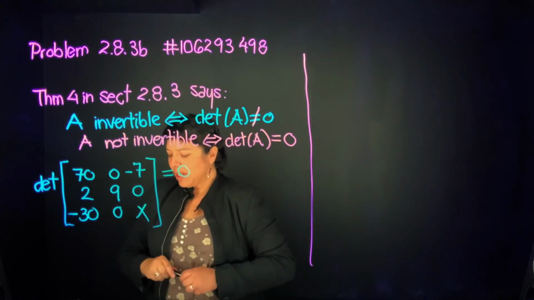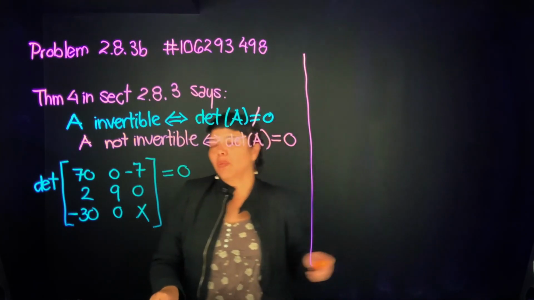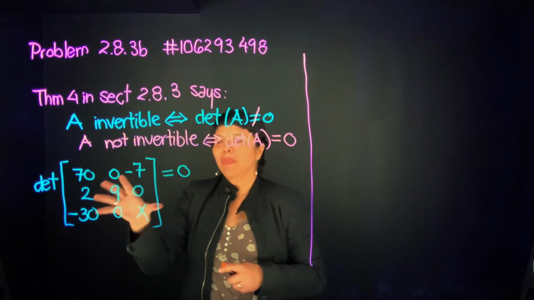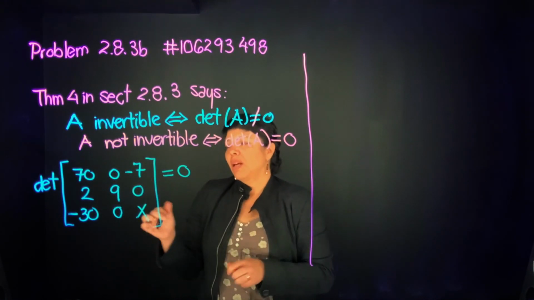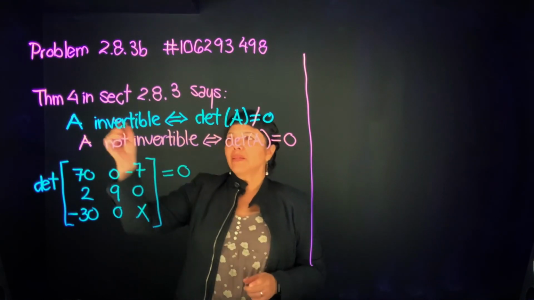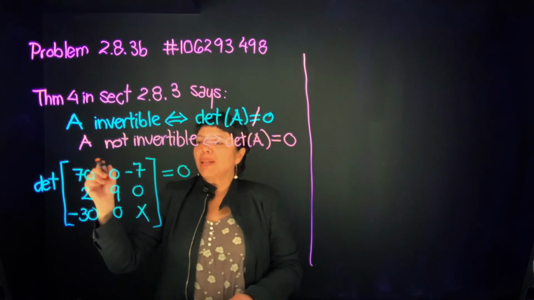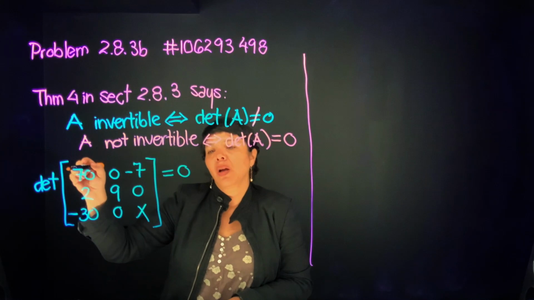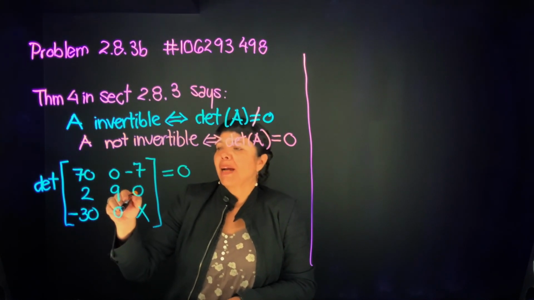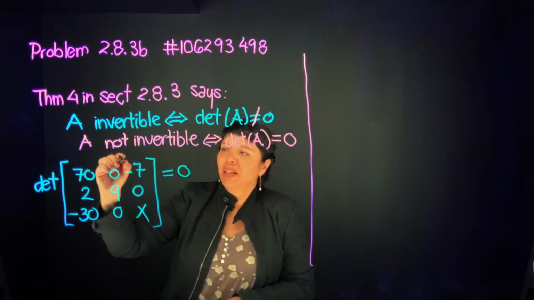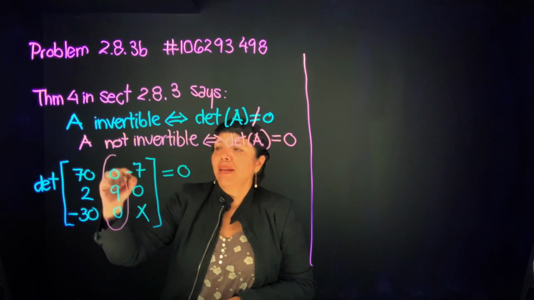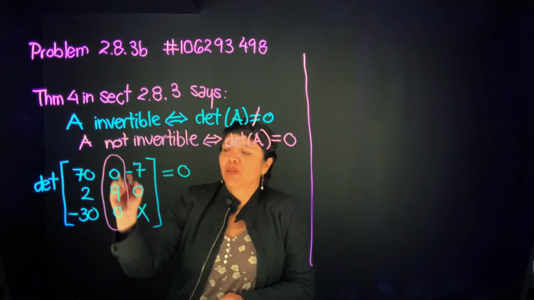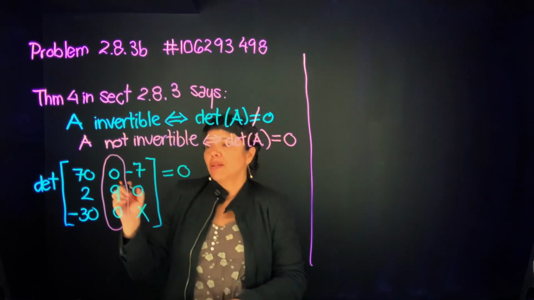So when we compute this determinant, we want to be kind of smart about this computation, because as our textbook tells us, we can do the computation of a determinant along any row or any column. And if we choose this column that we have right here, then we are going to have a bunch of zeros and fewer computations. So let's see.